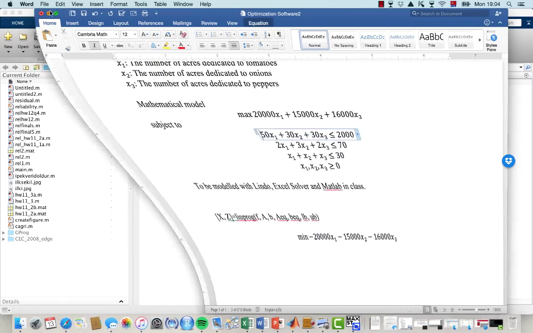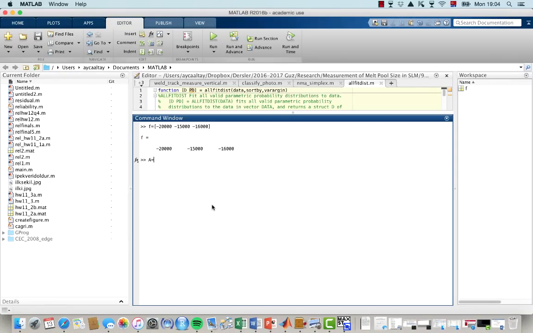So the first constraint has the coefficients of 50, 30, 30. This is the first row. The second row will have the coefficients of the second constraint, which is 2, 3, 2. And the third row will have the third constraint, 1, 1, 1.